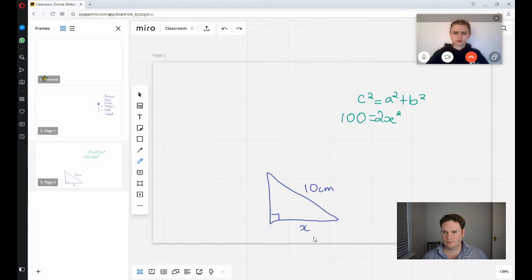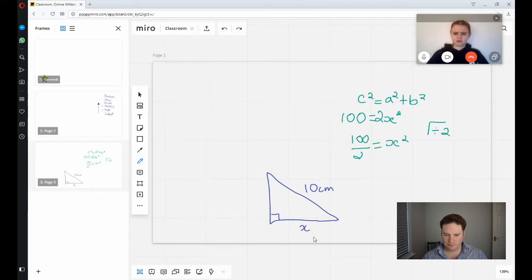Shall I rearrange the formula so that it's x equals blah, blah, blah? Yeah. Okay. 2 minus 2. So x squared. Right?